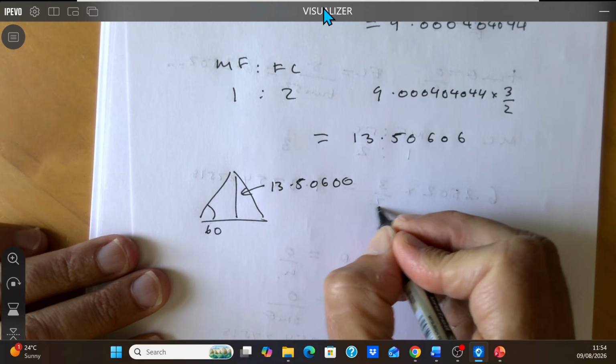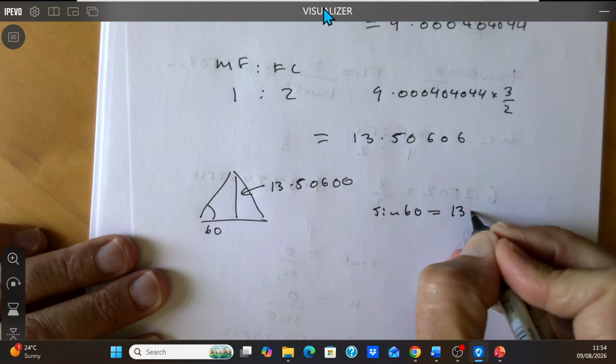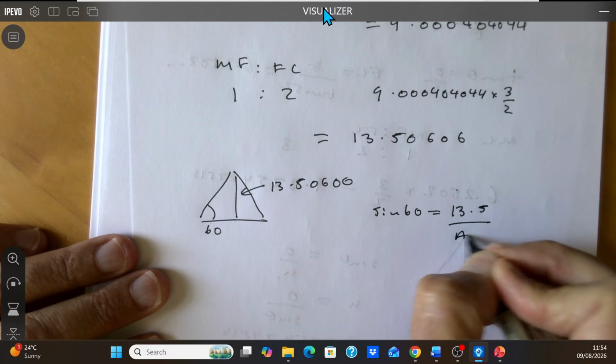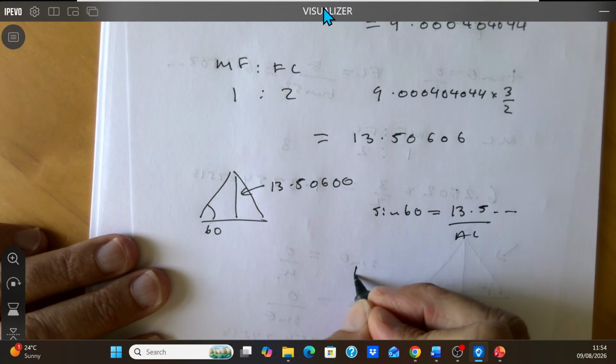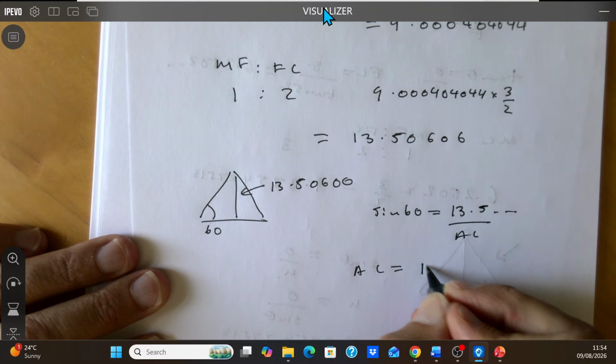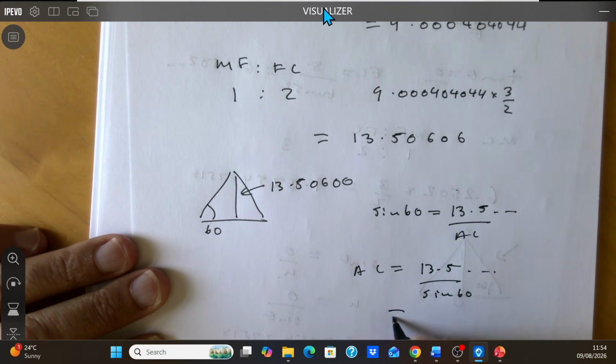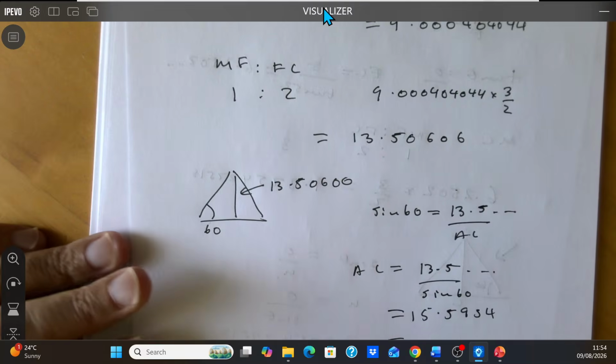So we're going to use sine 60. To 1 decimal place.